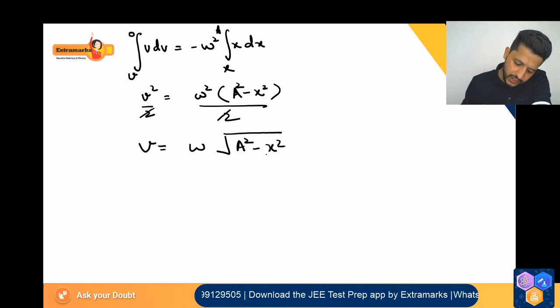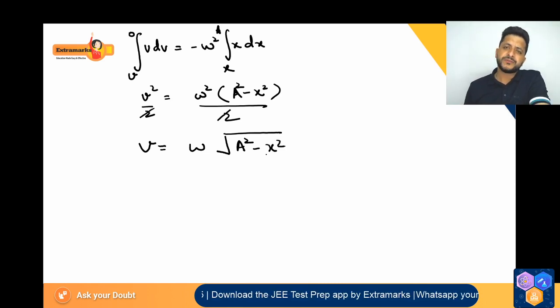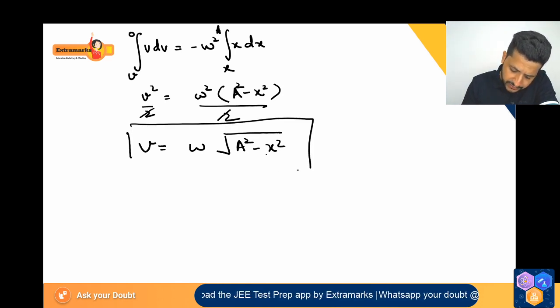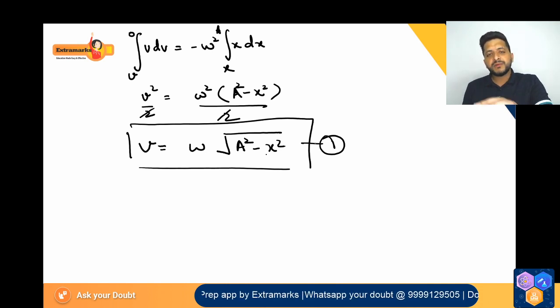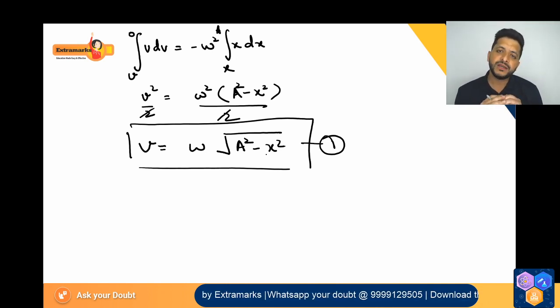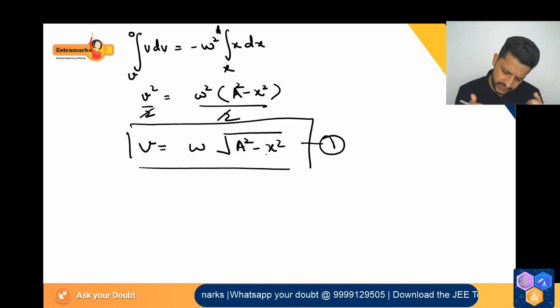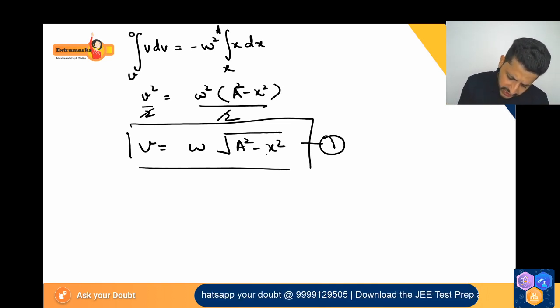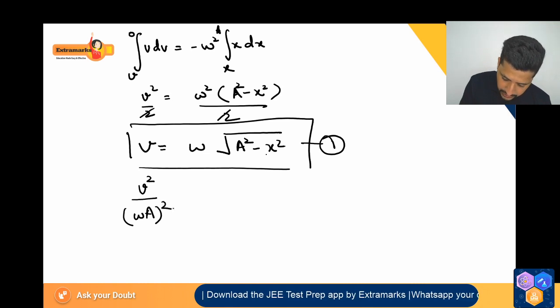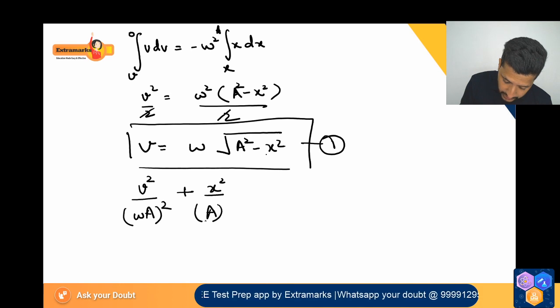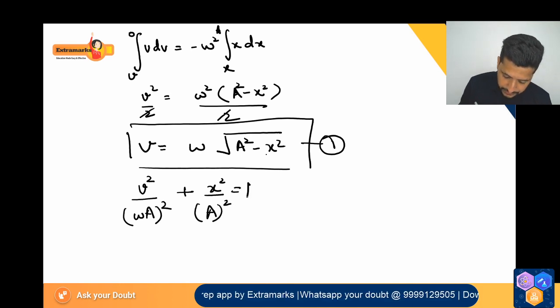Or I can rearrange this expression. I will call it equation 1, but I will rearrange. I don't like this. I'll bring a very happy form of this equation. Let's see what it is. I bring omega this side, I bring the root this side, I bring a square this side, so this becomes v square by omega a whole square plus x square by a square, and this is equal to 1.